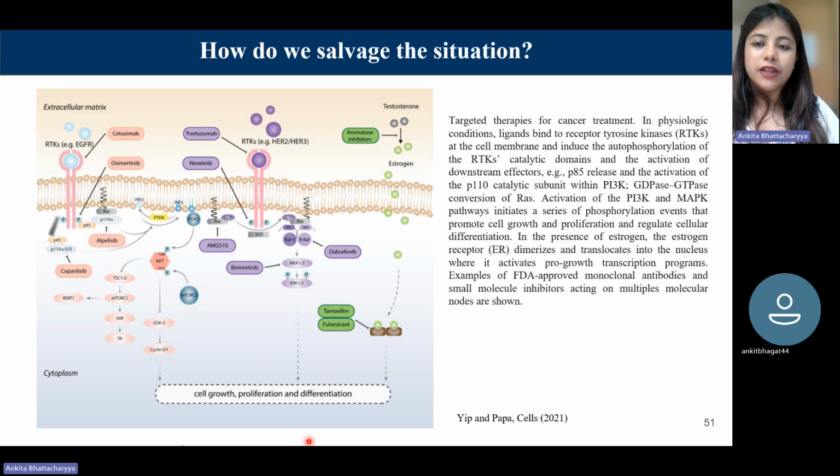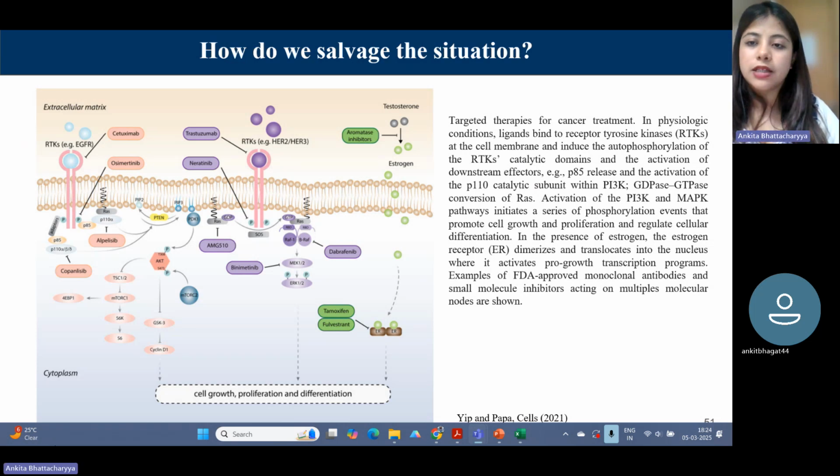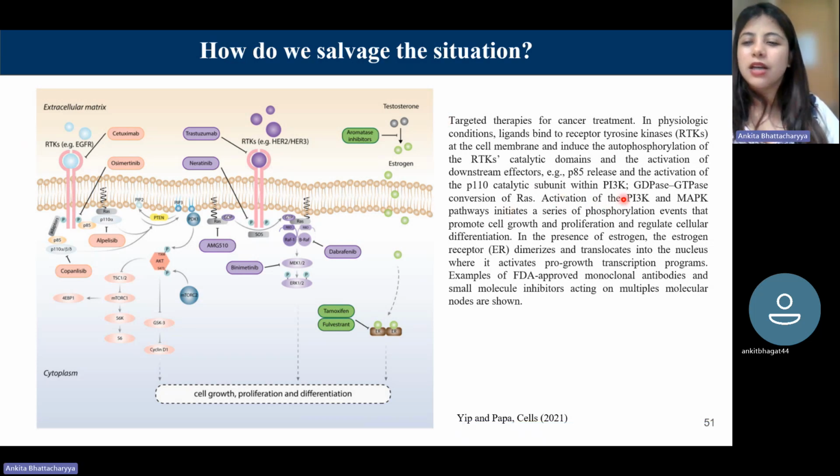What sort of downstream effectors? For example, P85 release, activation of all of these. You don't need to go into all of these. The one you have already studied is the activation of RAS, and then RAS triggers the activation of the downstream signal transducers like MEK and ERK.